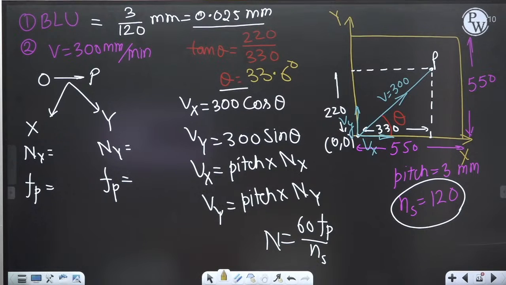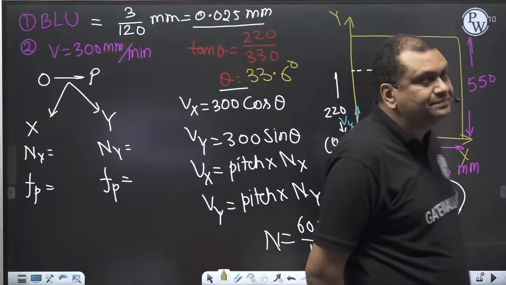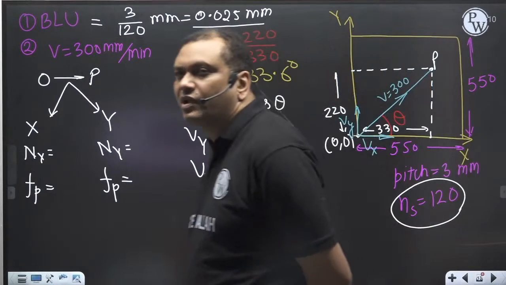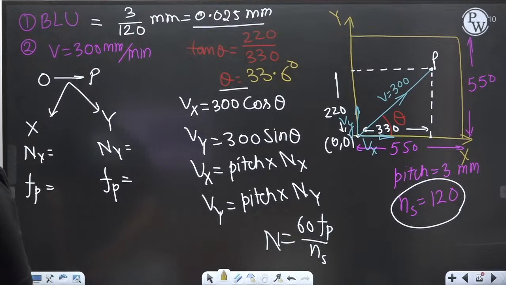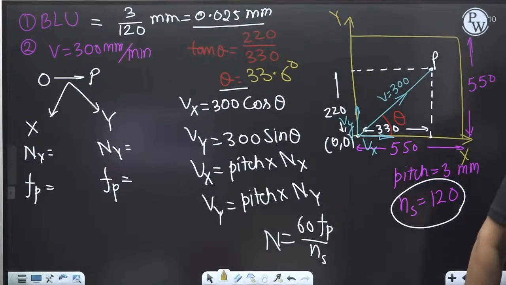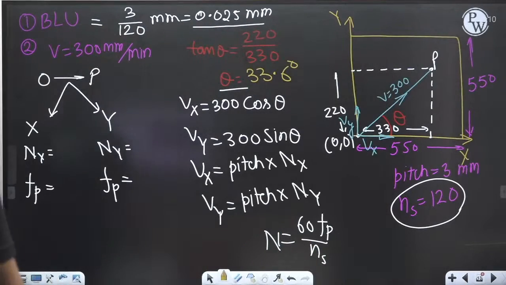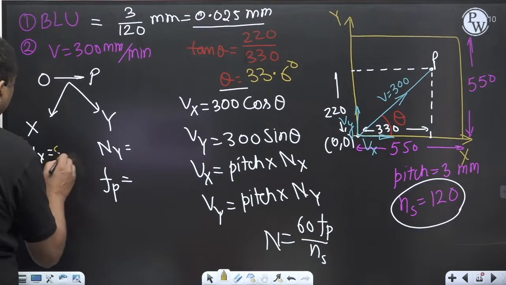Now tell me what is nx and ny? So nx is 82.2, correct?